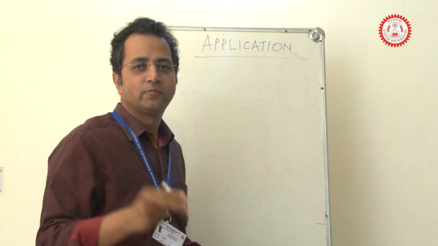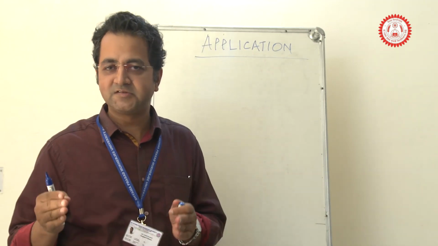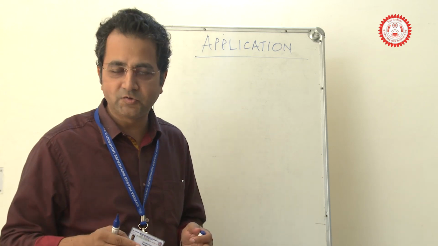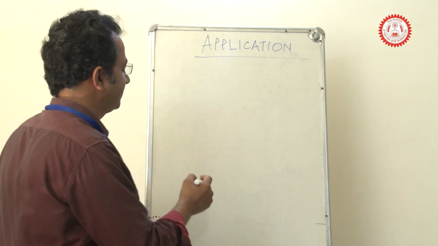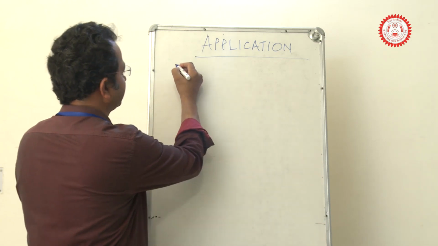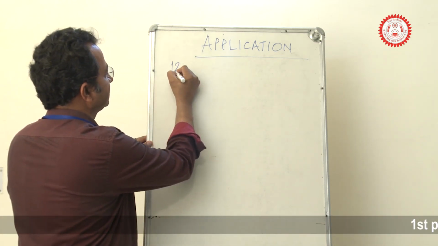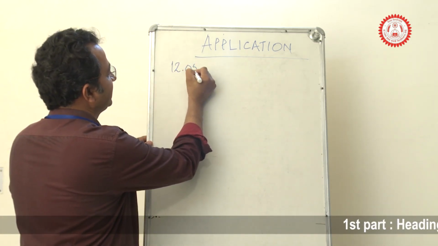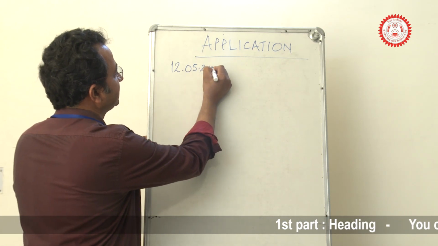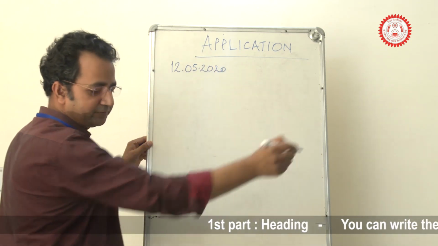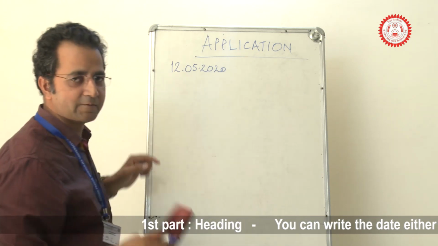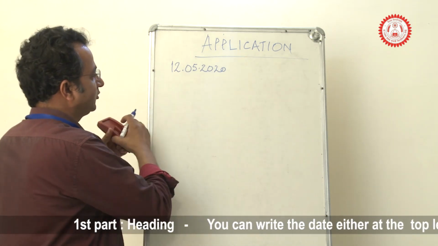Now, the application is generally sent to a university or your school administration. First thing that you should write is your date. Suppose today is 12th, so very clearly you should mention the date. There are different ways to write the date. One style I told you.